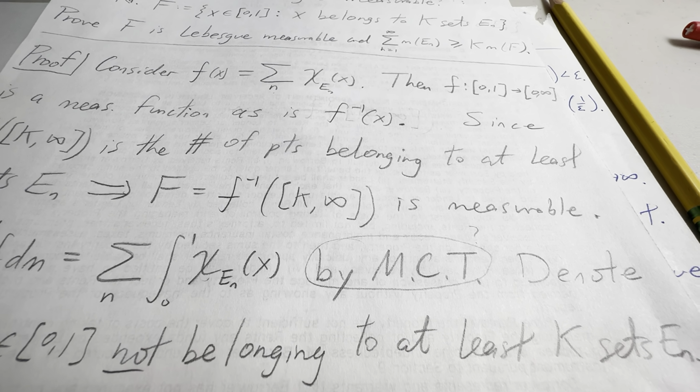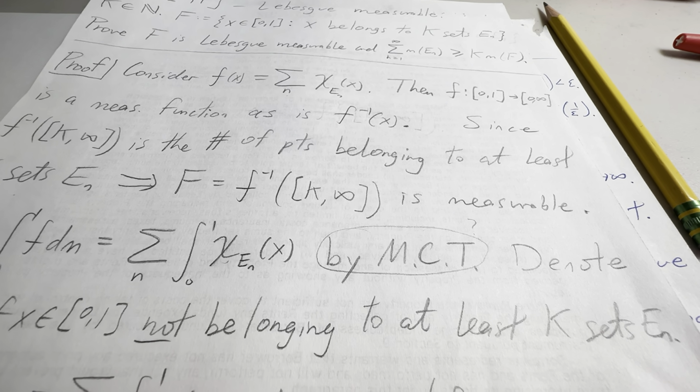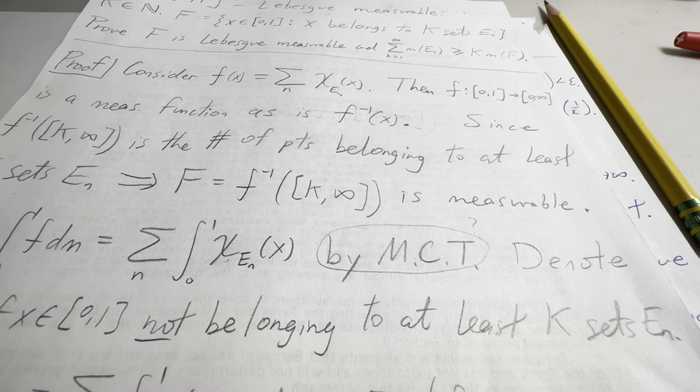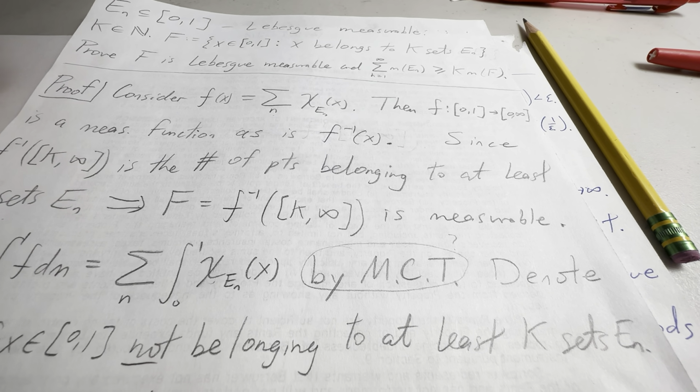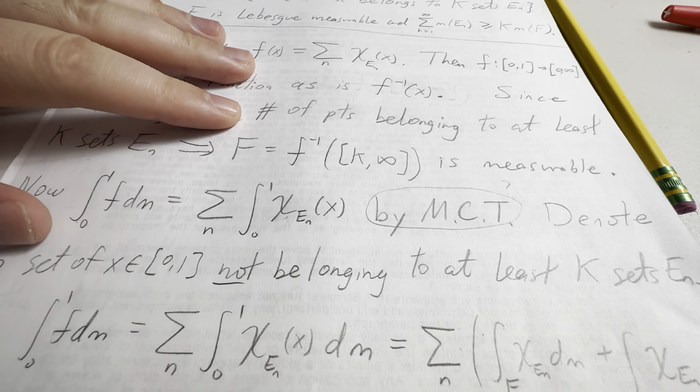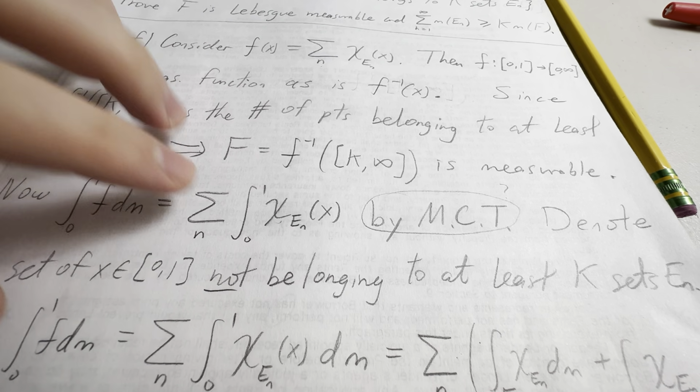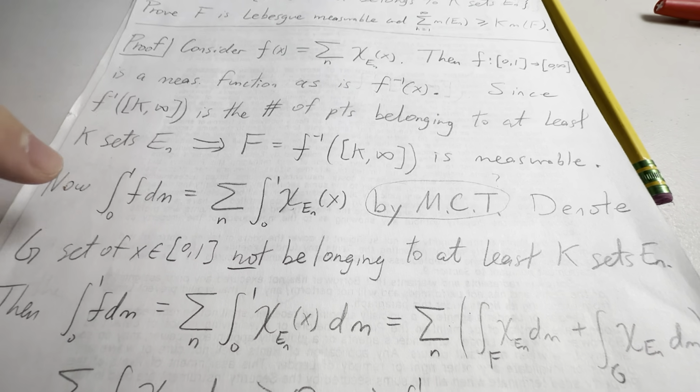But maybe I just need to review MCT. I'm pretty sure you need some upper bound, and maybe I have it, I just don't see it at the moment. But apparently when I wrote this at the time, I did see it. But whatever. This part I don't really have any problems with.